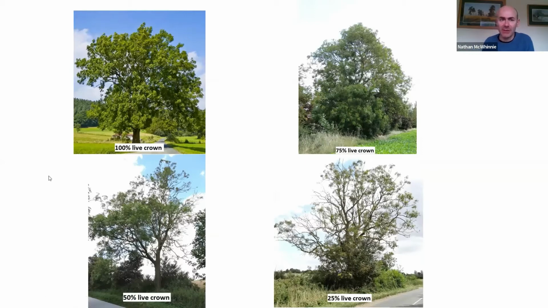So they go from 0% dieback down to 25%. We did it like this because we'd just had an i-Tree survey done before we started our surveys, and one of the criteria in the i-Tree survey is percentage of live crown.